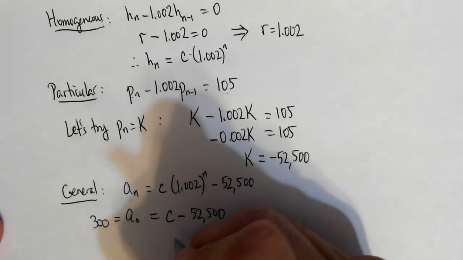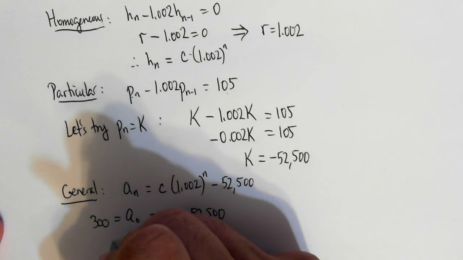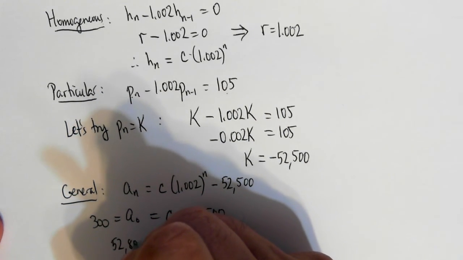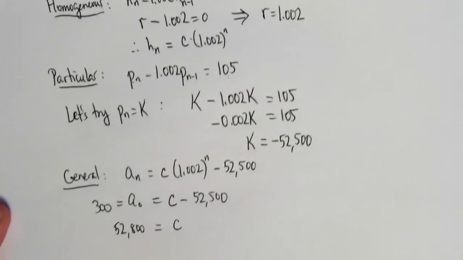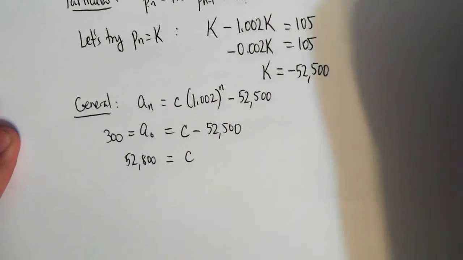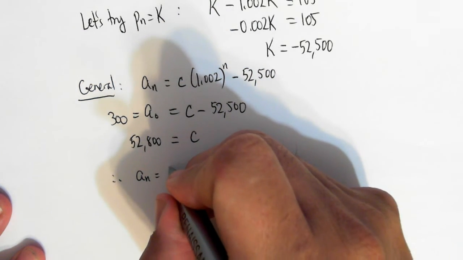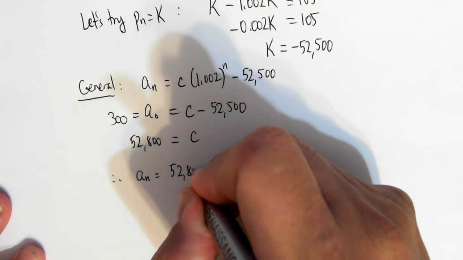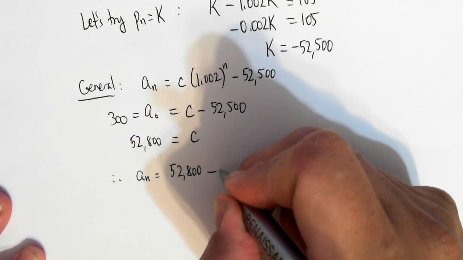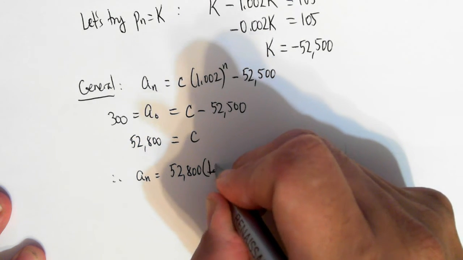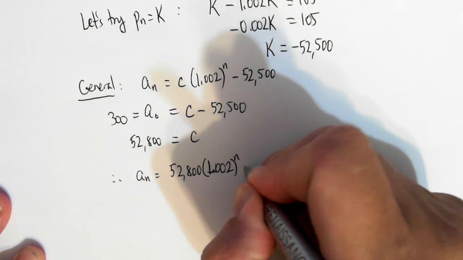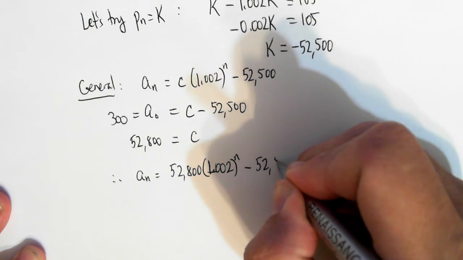So solving for c, we get that c is equal to 52,800. So in conclusion, we see that a sub n is equal to 52,800 times 1.002 to the n minus 52,500.